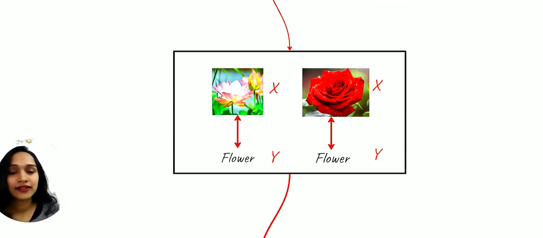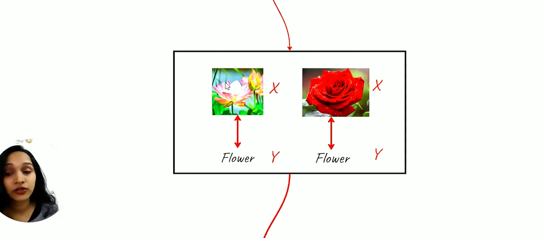Here the image is composed of many pixels stacked together, and there should be something that can map the relationship between these pixel values and the label. There will be some similarities to tell whether this is a lotus and this is a rose. All the roses will have some similarities, some features associated with them.